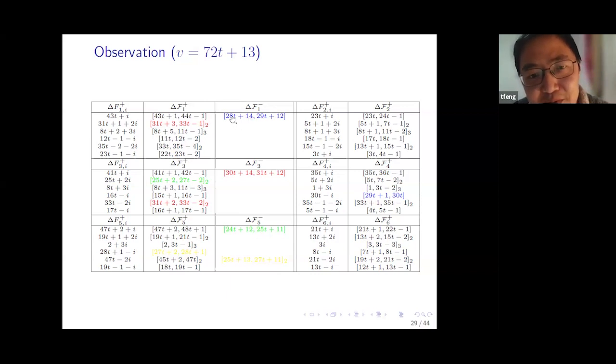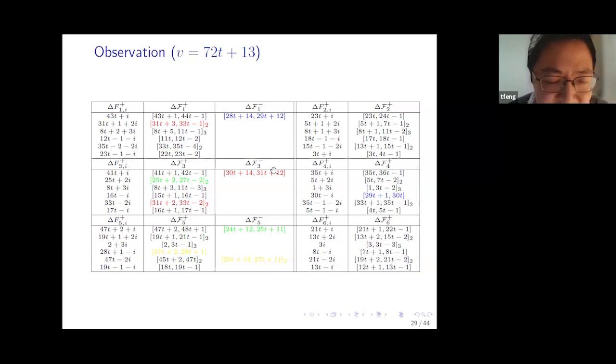the blue one here, this range, 28t plus 14, 29t plus 12, and this number, 29t plus 1 and 13t. These two intervals intersect. So there will be some problem. And how to overcome this problem?